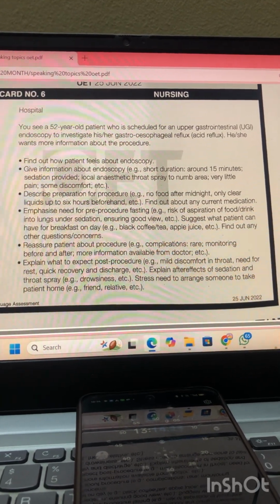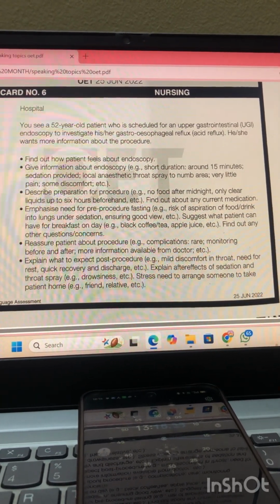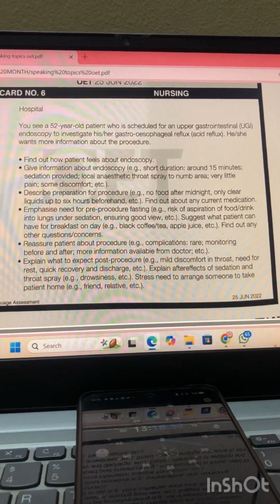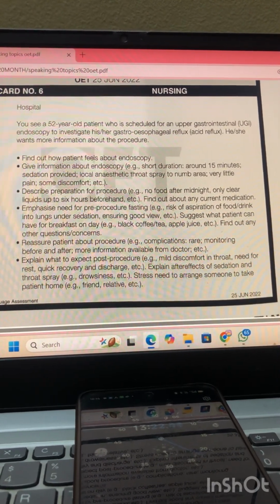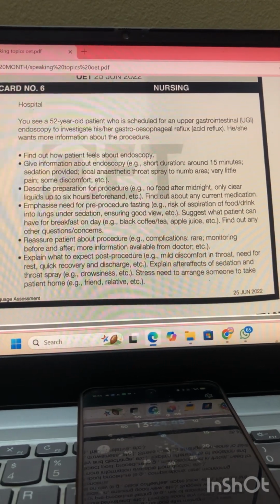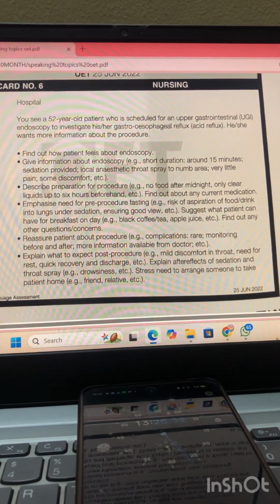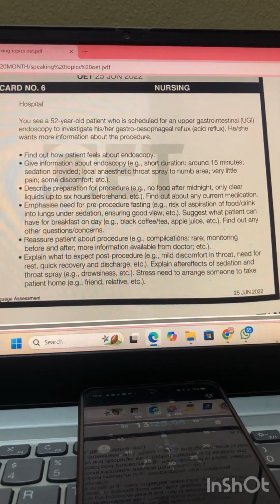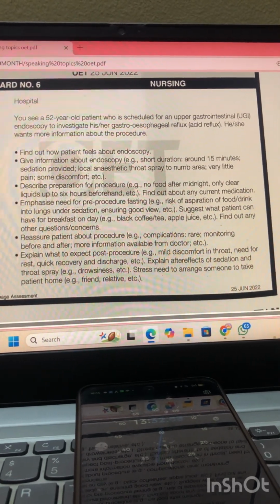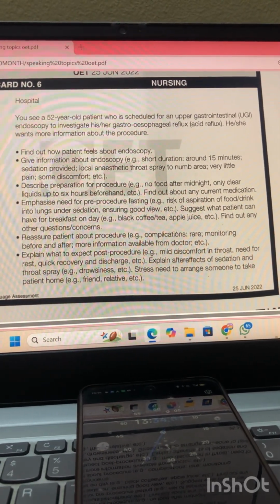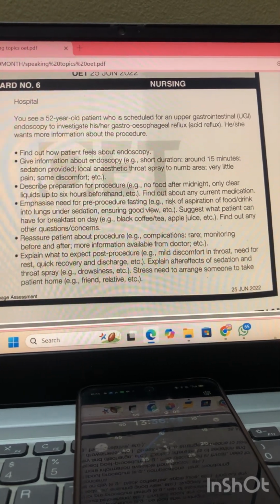Then you can say about the after effects. One more thing, once the effect of the anesthesia, don't say sedation, anesthesia and throat spray, you may experience drowsiness. Because of that reason, I would like to request you to arrange someone to assist you during the discharge.